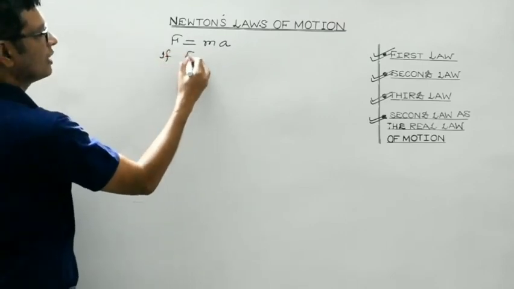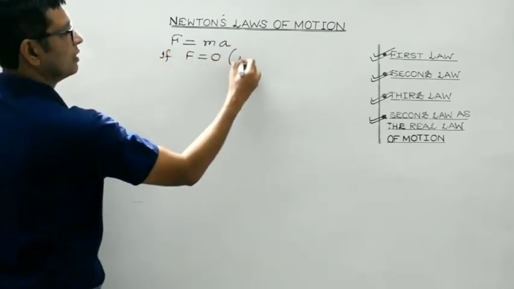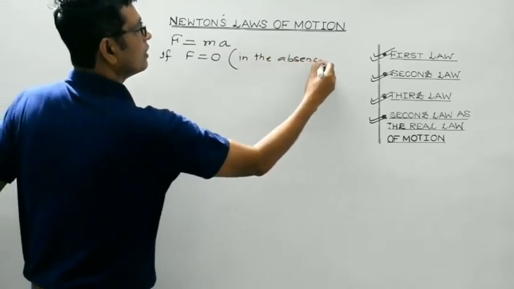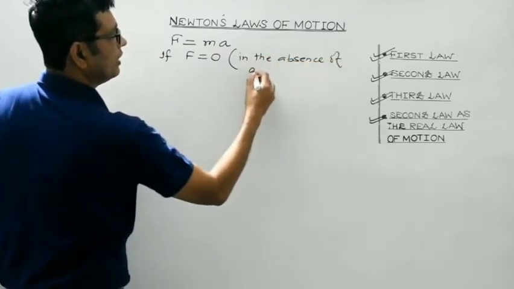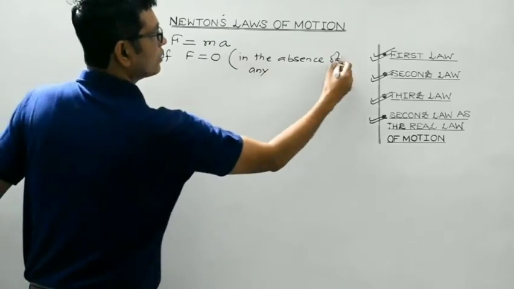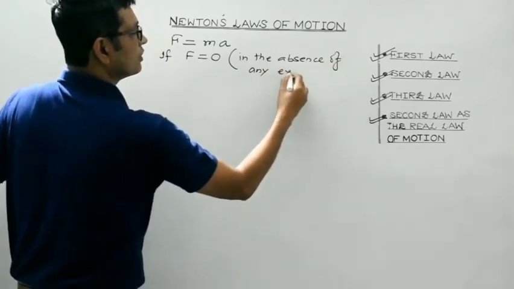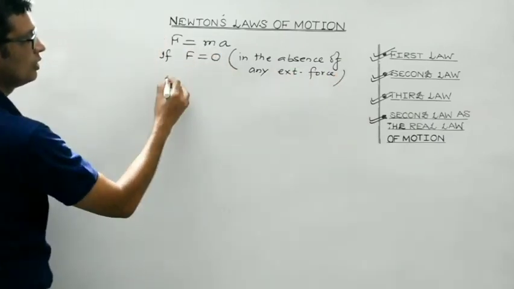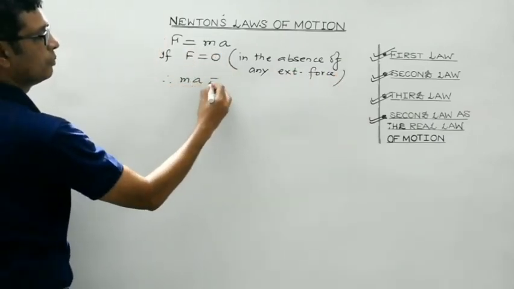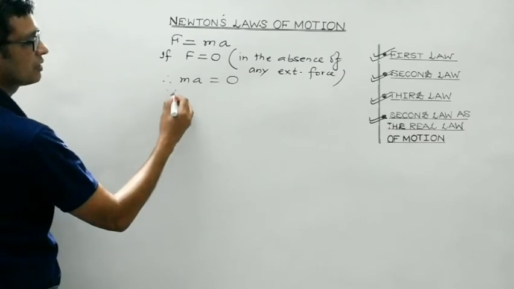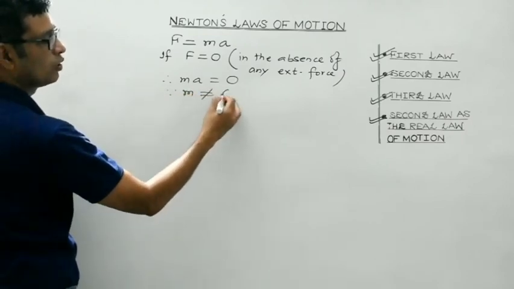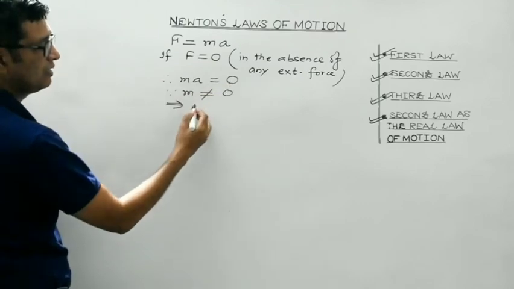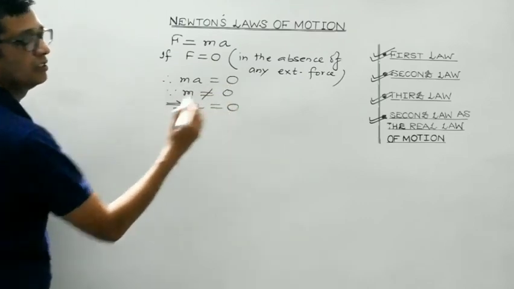If no force acts on the body, that is, in the absence of any external force, F is 0, therefore Ma would be equal to 0. Now since mass of a body can't be equal to 0, the product of mass and acceleration being 0 means that acceleration would be 0.